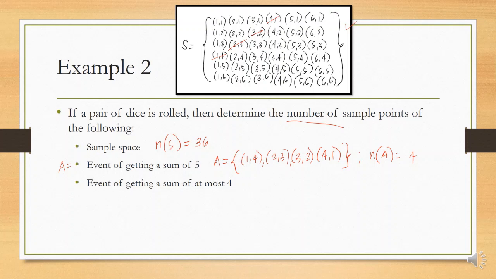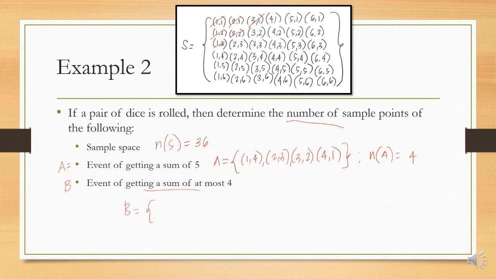For the event of getting a sum of at most 4, let's denote that as event B. When we write down the sample points for event B based on our complete sample space, at most 4 means we have a maximum sum of 4. So what are those? We have 3,1, 2,2, and 1,3. These are also included because those are less than 4.